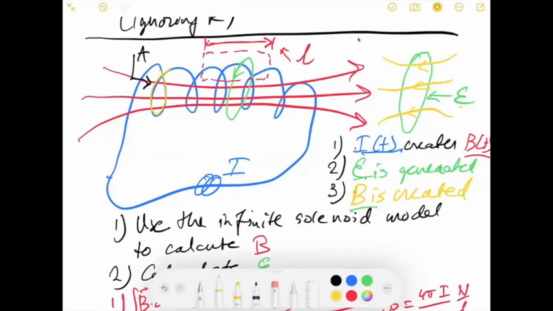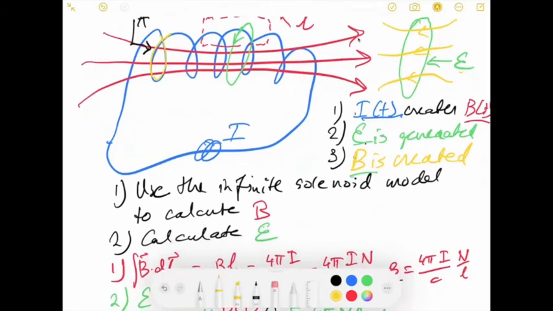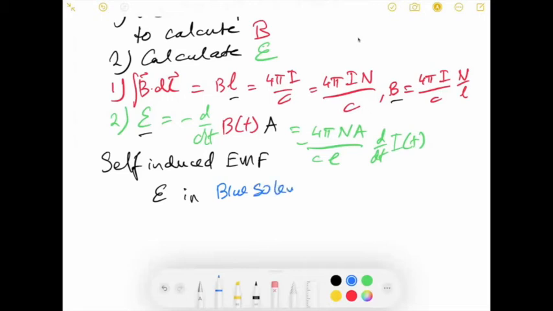So that means that the EMF induced by this loop in itself, which is self-inductance or self-induced EMF, is just N, basically the number of windings. So self-induced EMF is E in the blue solenoid due to its increasing field, B, and therefore flux.